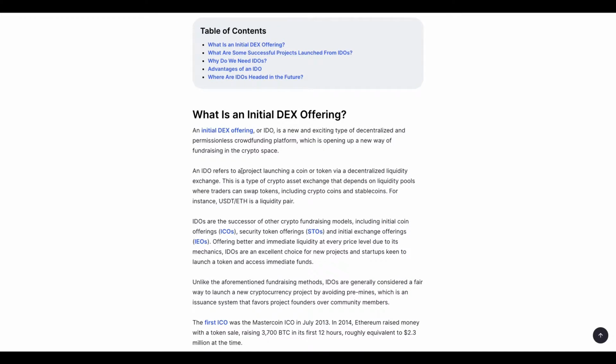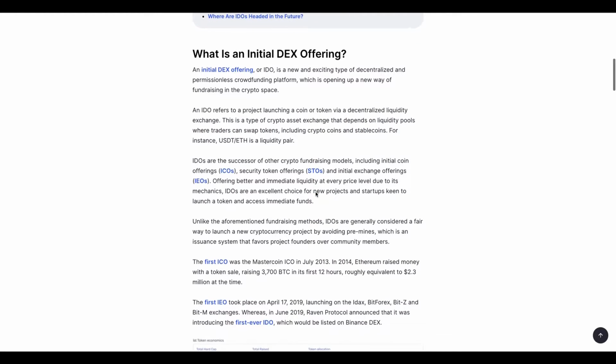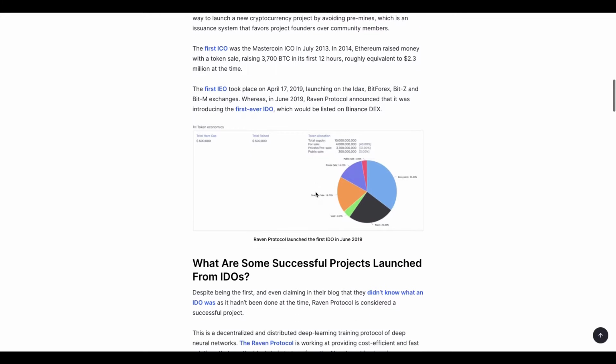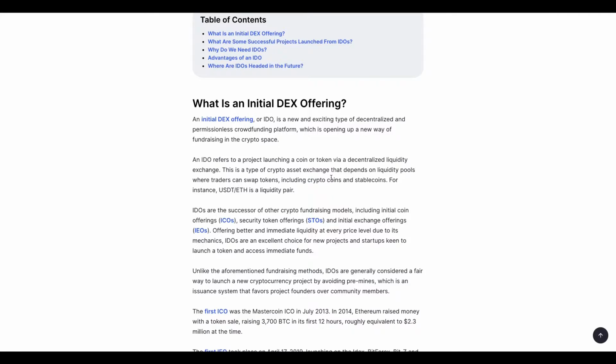So a project launching a coin or token via a decentralized liquidity exchange, a type of crypto asset exchange that depends on liquidity pools where traders can swap tokens. So yeah, what I would assume from here, they don't really explain it here, but what I would assume is that basically you use a crypto. Maybe in this case we will use Ethereum, right? And the decentralized exchange that will be used is Uniswap.